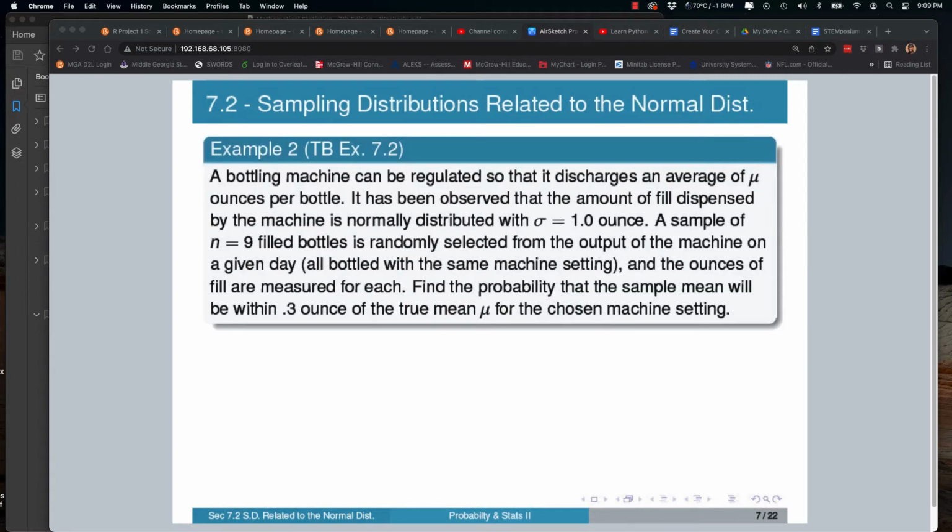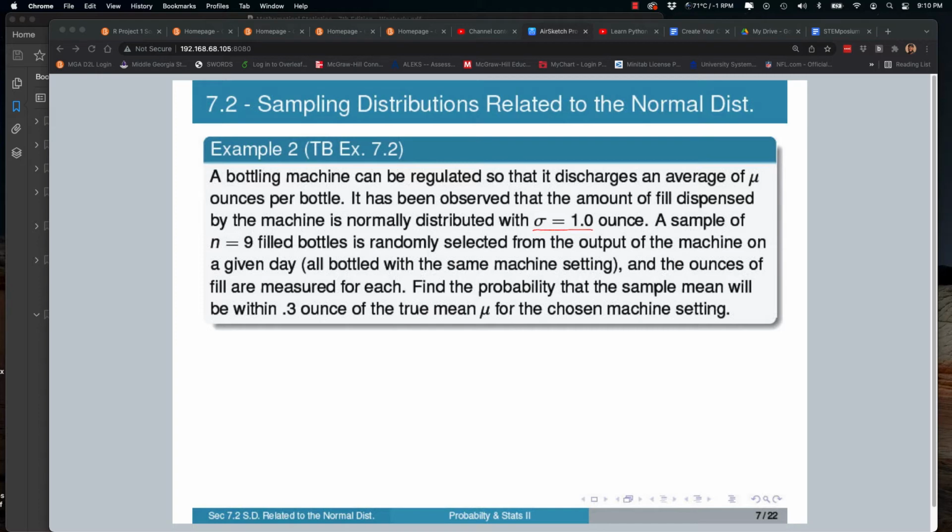All right, so let's get into an example. Example 2 says a bottling machine can be regulated so that it discharges an average of mu ounces per bottle. So it didn't give us mu, but it has been observed that the amount of fill dispensed by the machine is normally distributed with sigma equal to 1.0 ounces.